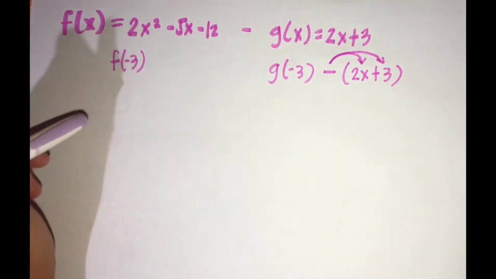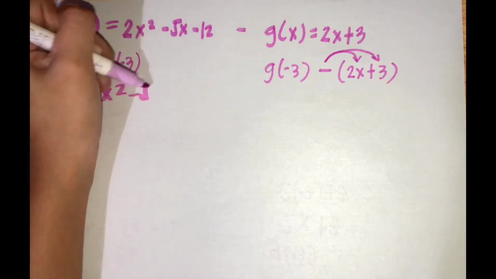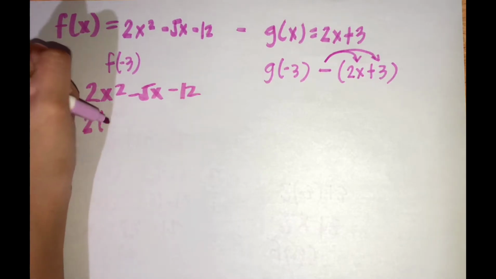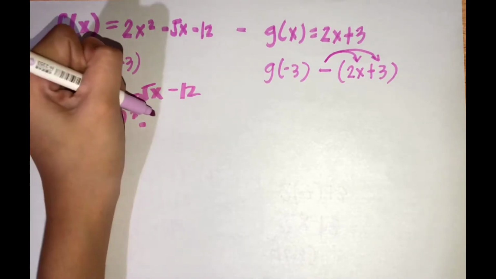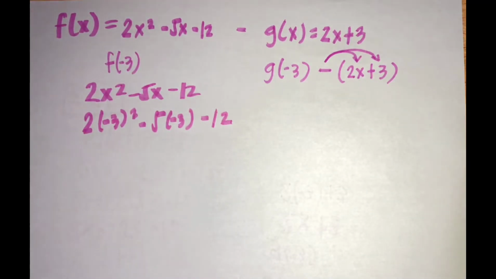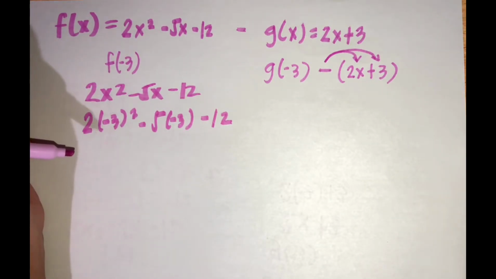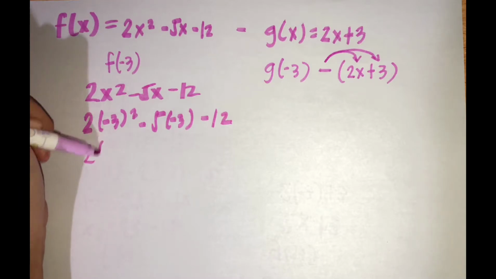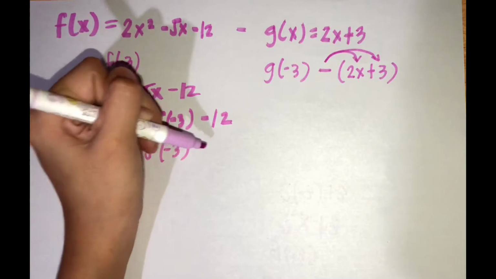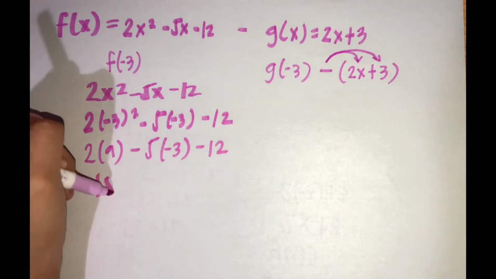For our f of negative 3, we'll have 2x squared minus 5x minus 12, which is going to be 2 negative 3 squared minus 5 negative 3 minus 12. Negative 3 squared is equal to 9, minus 5 negative 3 minus 12. 9 times 2 is 18.